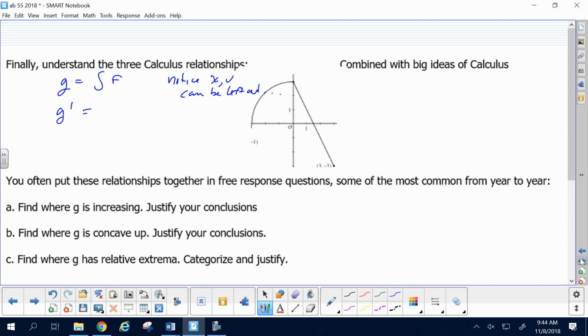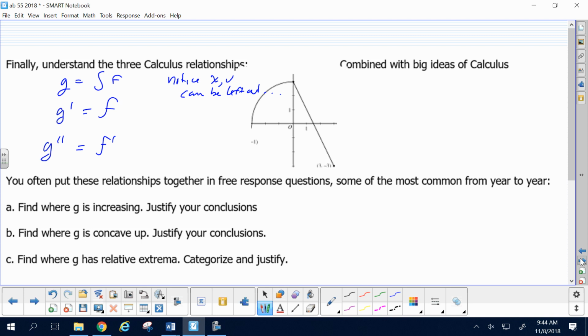What's the right side? So the right side is the derivative of the antiderivative, which is just F. So G prime is equal to F. Take the derivative again. The left side, the derivative of G prime, would be G double prime. And then the derivative of the right side is F prime.